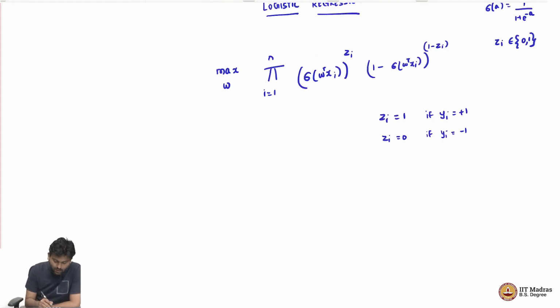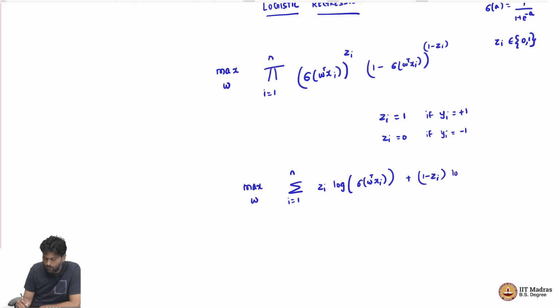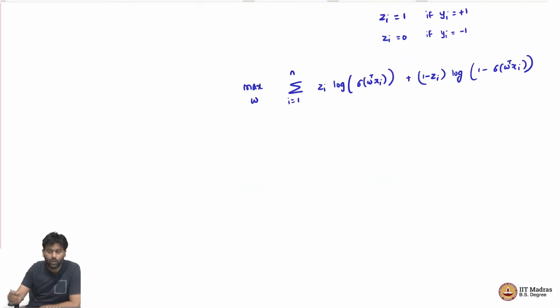So this is the likelihood function. We then take the logarithm of this, and maximize over W the sum over i equals 1 to n of zi log sigma W transpose xi plus 1 minus zi log 1 minus sigma W transpose xi, and then we looked at its gradient when we were discussing logistic regression.